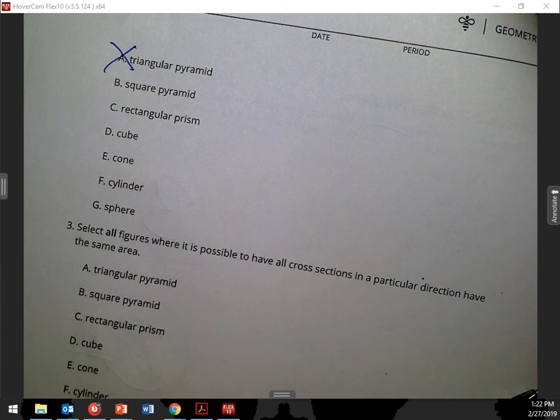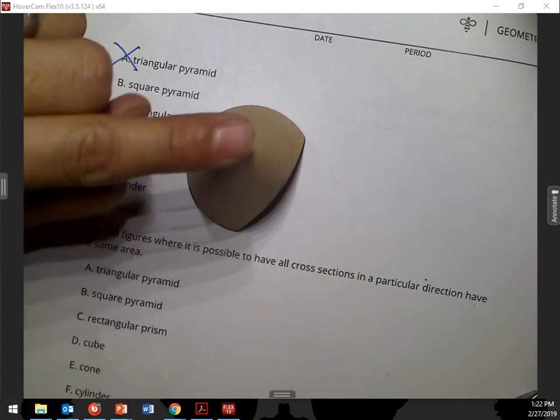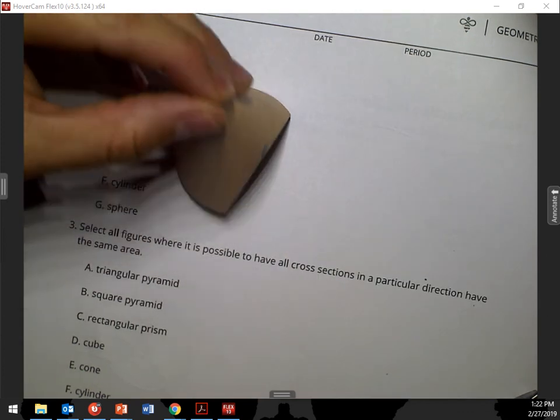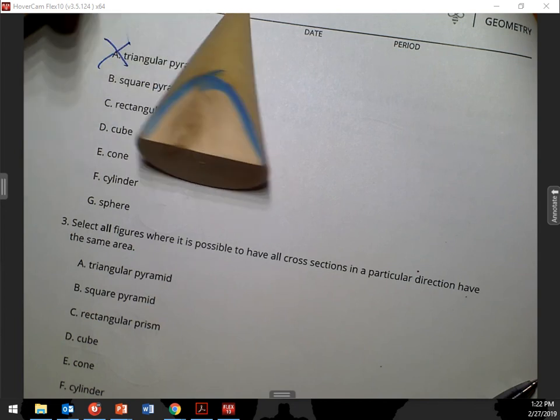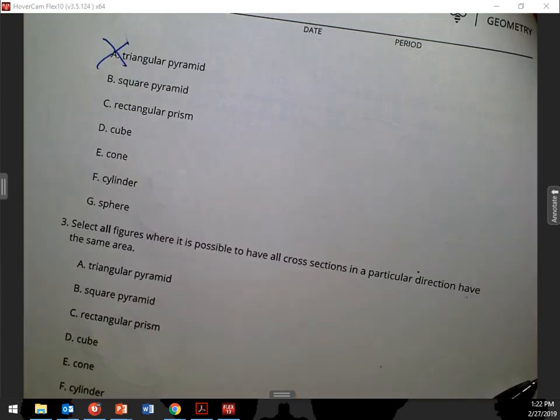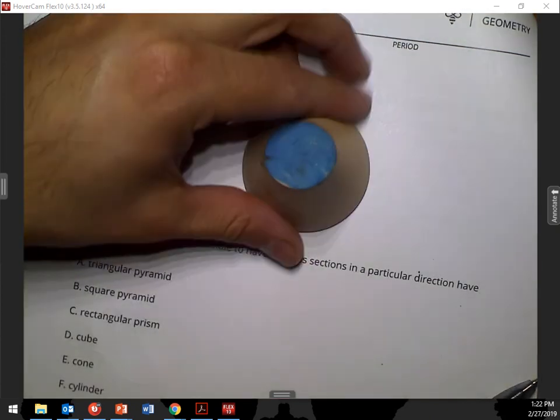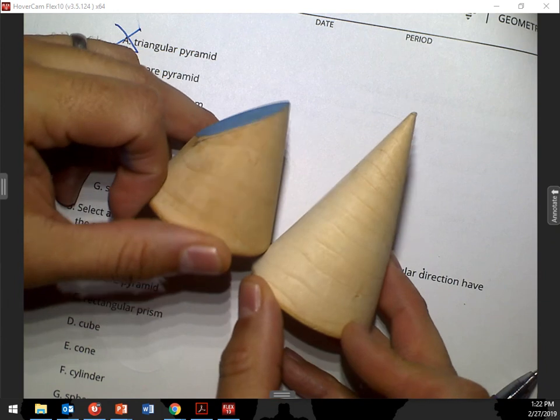You're right. Okay. Here's my cone. There's my chop right there, right? Vertical chop. I got my parabola, right? Here's my cone with my diagonal chop.